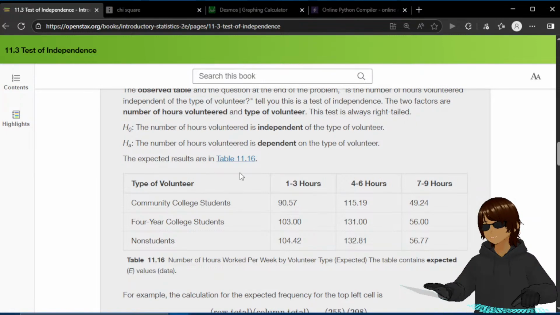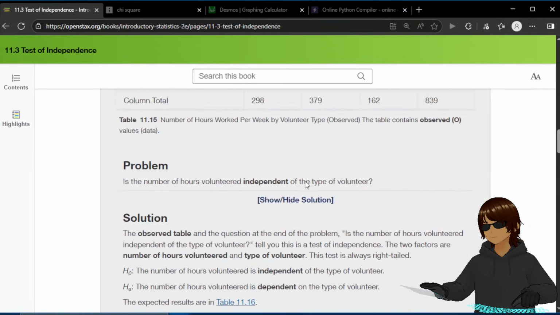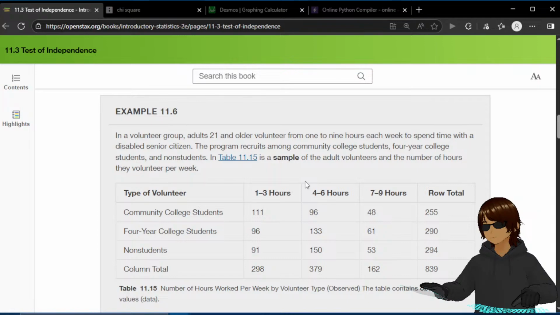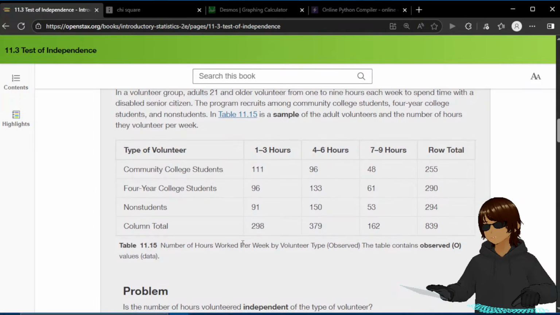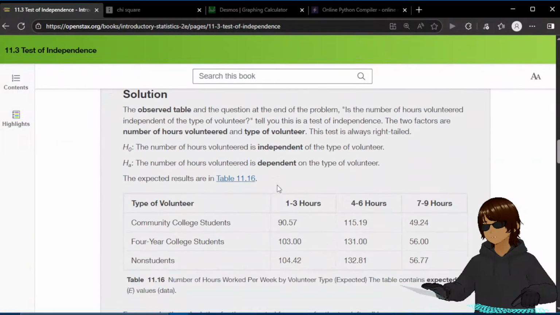Expected results are in table 11.16. This is a sample. These are observed values.